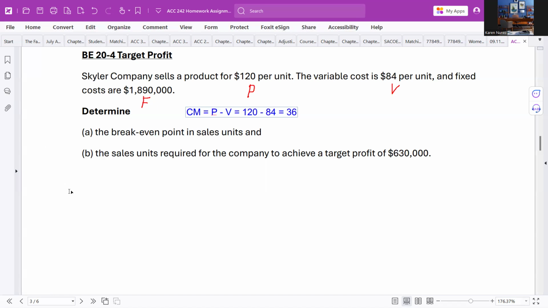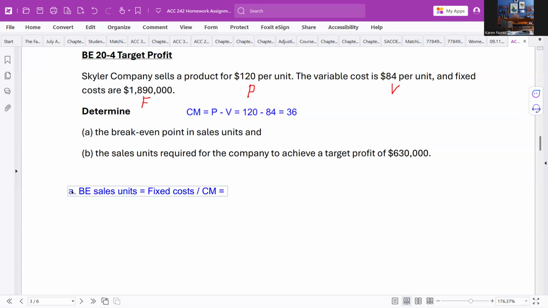So the break-even point, right? If we focus on A, break-even sales units, is again going to equal those fixed costs divided by the unit contribution margin.